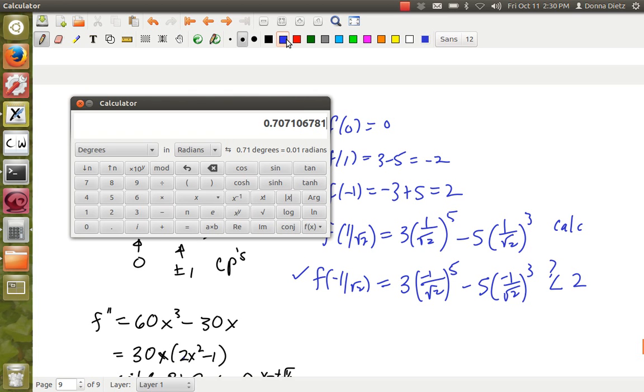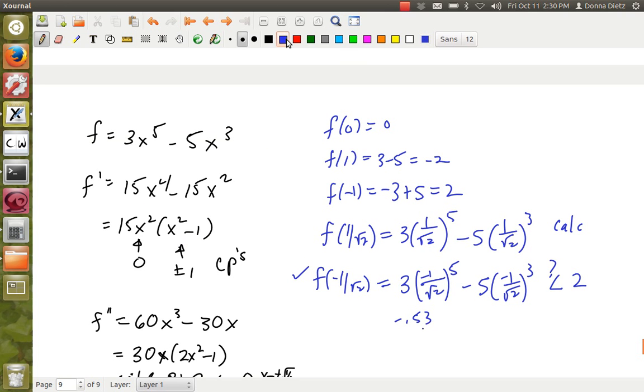If you recognize that as 1 over square root of 2, then, well, it is. It's also square root of 2 over 2. And we multiply that by -1 and raise it to the 5th, things like that. You see, it's getting smaller. So even if I multiply that thing by 3, that's pretty small. And it's negative here. This is going to be like -0.53 here.